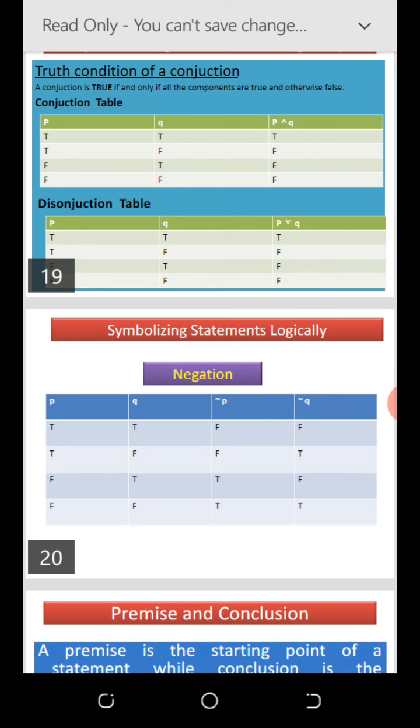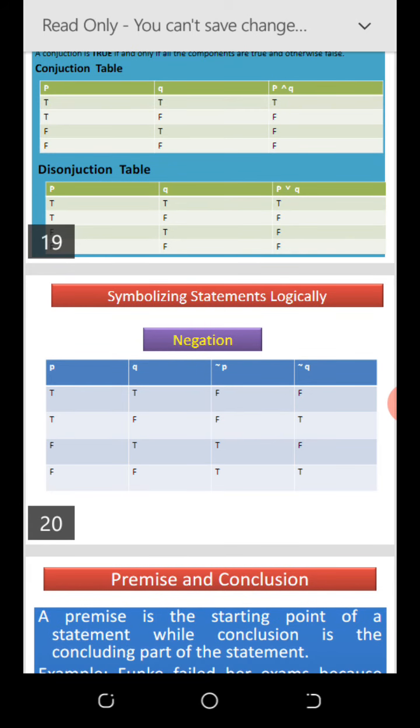Under this conjunction, truth with truth will give you truth, while truth with false will give you false. False with truth will give you false, and false with false will also give you false.